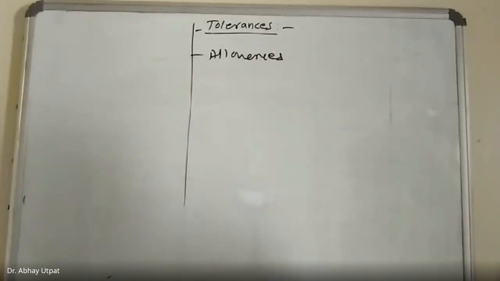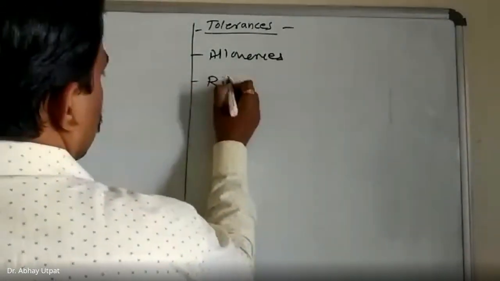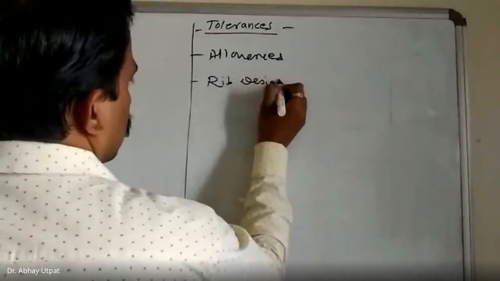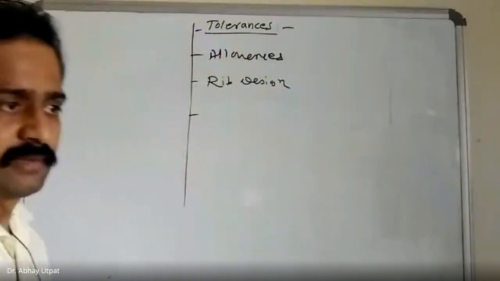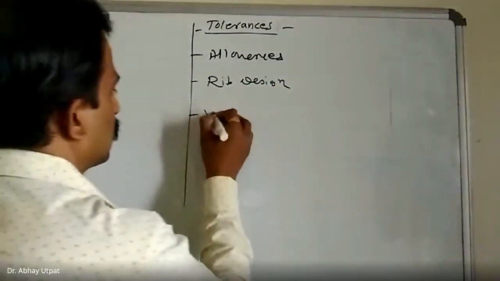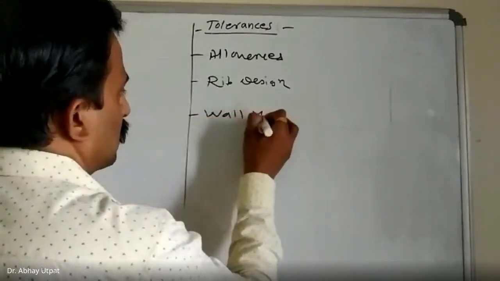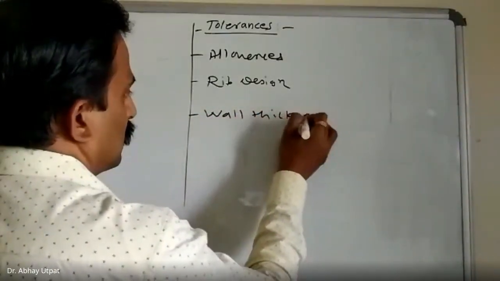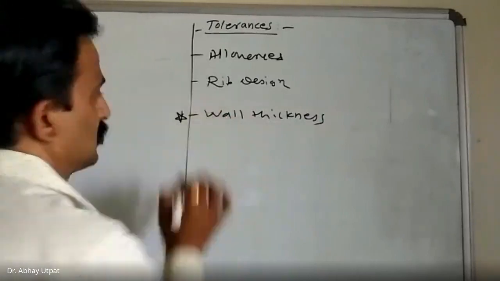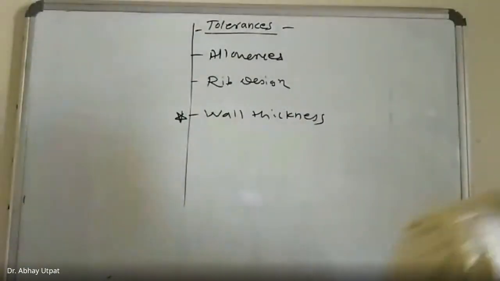Tolerances, allowances. Then design of rib, R-I-B. Then wall thickness. This is important.